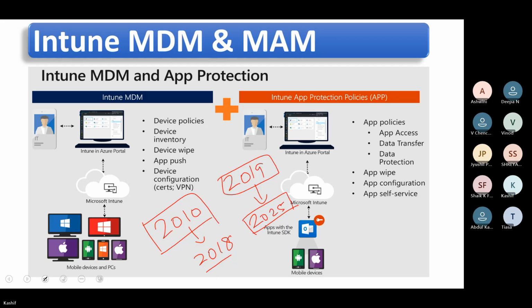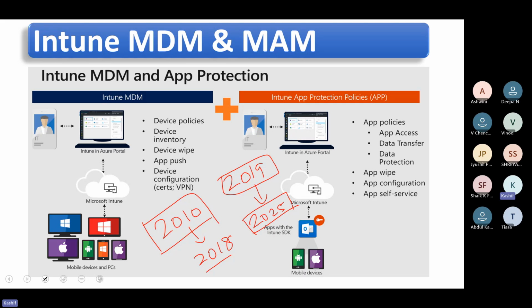So Intune basically came as a savior. Intune came as a savior to manage the devices and deploy the policies over the internet. So we don't need to have office network on the devices to receive Intune policies. So that is the reason what happened.